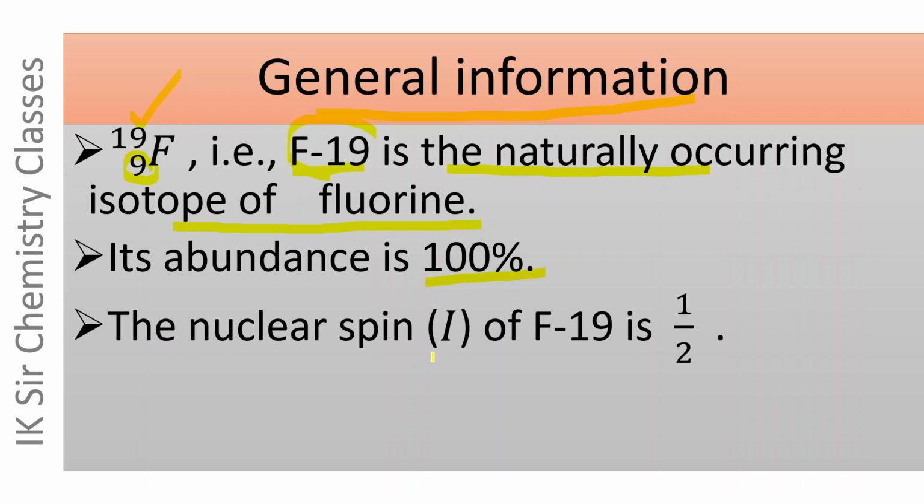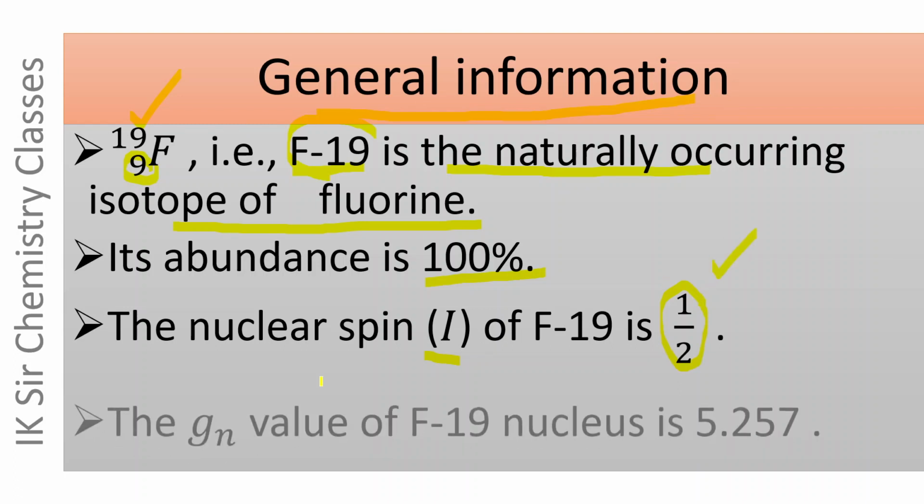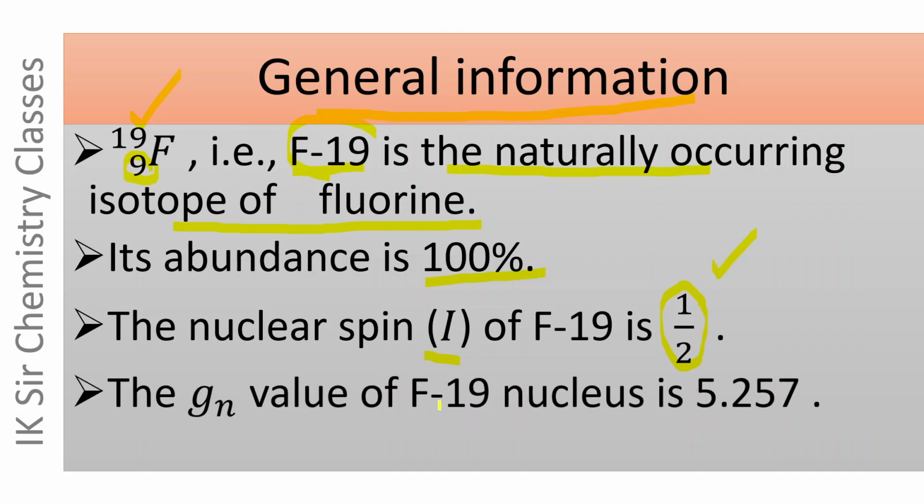The nuclear spin, that is I, of F-19 is 1 by 2. The I value of H is also 1 by 2. The GN value of F-19 nucleus is 5.257.